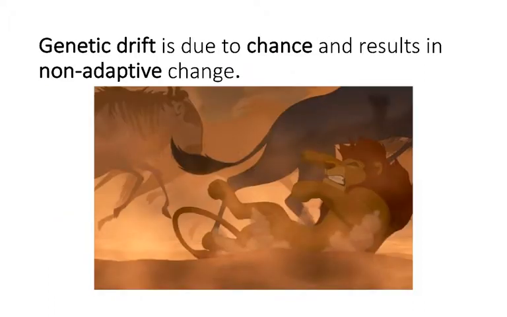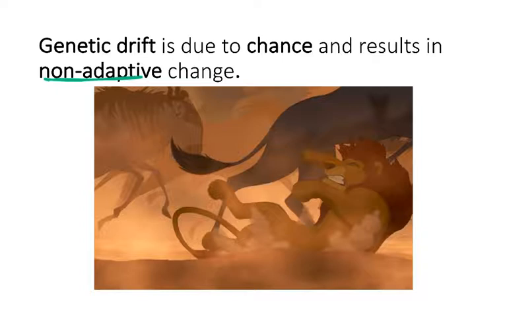So when we're thinking about genetic drift, remember it's due to chance, and the type of change that it results in is non-adaptive. Your book talks about how individuals that die and don't pass on their genes are the ones that are in the wrong place at the wrong time. They use an example of flowering plants that are killed by trampling animals, which made me think of The Lion King. I think at least a few of you have mentioned that you like Disney movies.